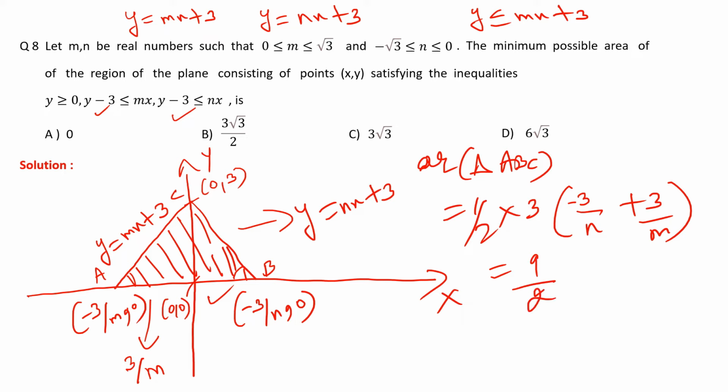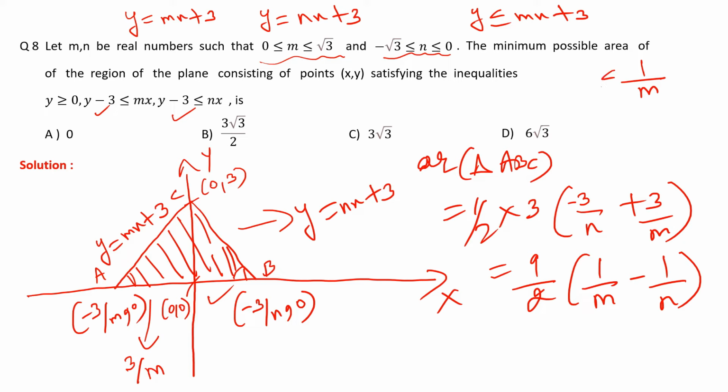This is 9 by 2 and inside the bracket we get 1 upon m minus 1 upon n. Now students, we need to calculate the minimum possible value of this area. Now just look at the given inequalities. m is a positive number lying between 0 and root 3. So that means, taking the reciprocal of this inequality, 1 upon m is going to lie between what?